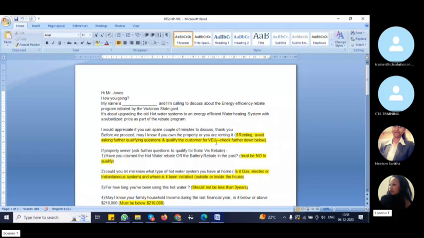The customer has an instantaneous electric hot water system. Do you think this customer will be eligible to get their old existing instantaneous electric hot water system replaced with a heat pump, the new system?